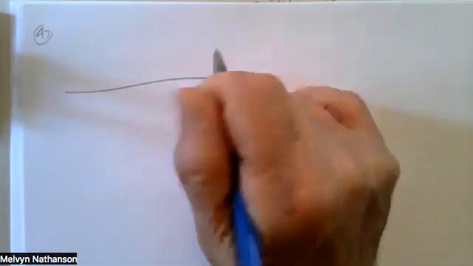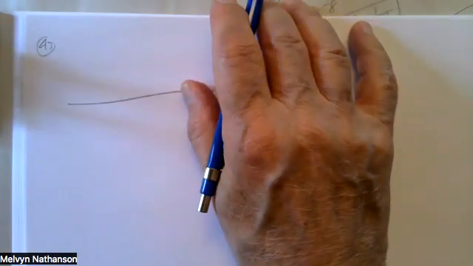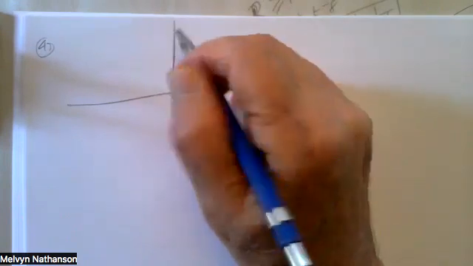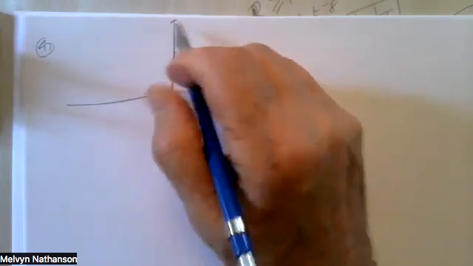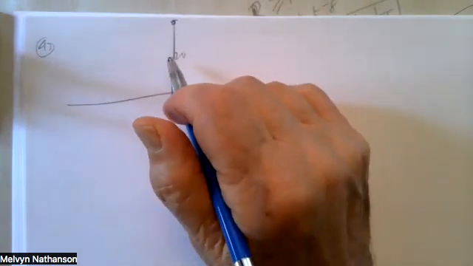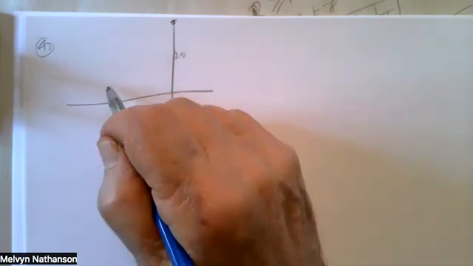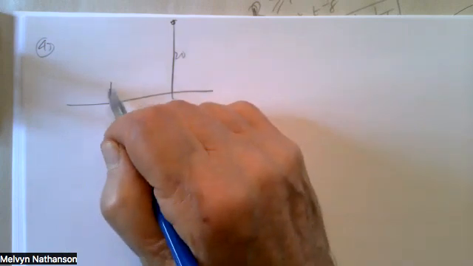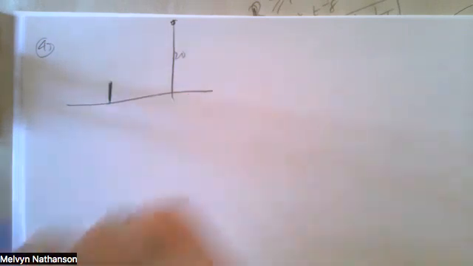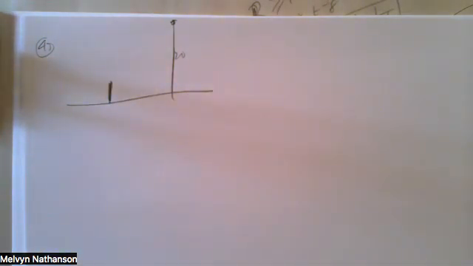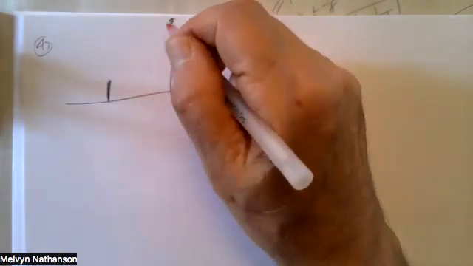There's a street, and on the street, 20 feet high, is a street light. And there's a 5-foot woman standing here. And so the light casts a shadow, right?